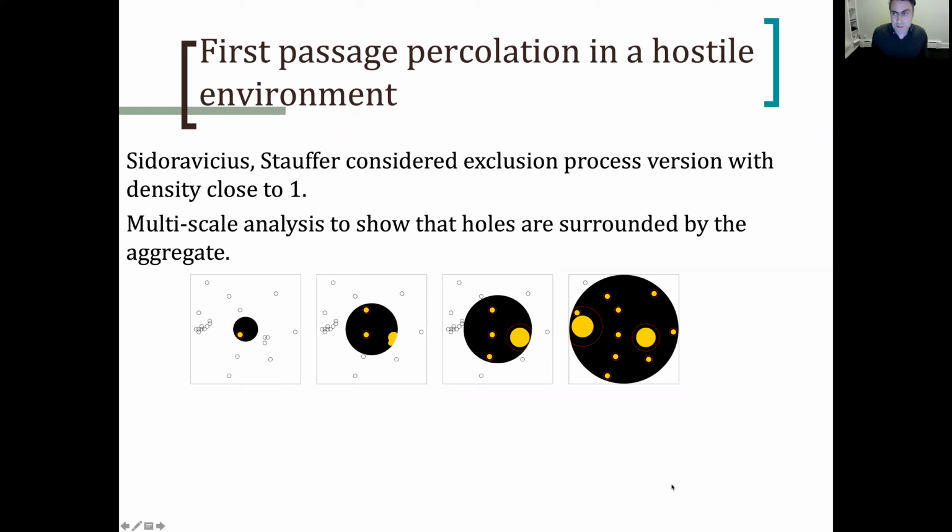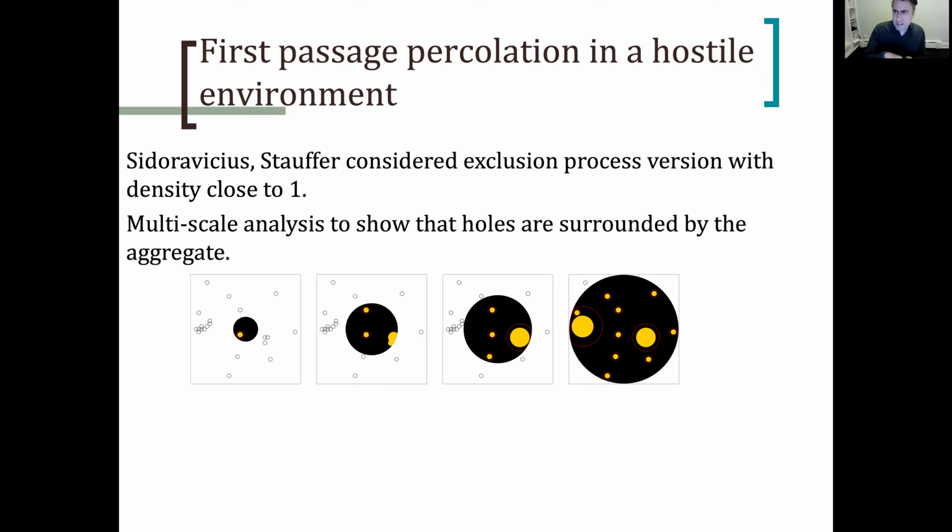So this is a picture I stole from their paper. These little circles are empty circles of the hole, and the black disk is supposed to be the aggregate. And essentially it should just keep growing nicely, because almost everything is a particle.